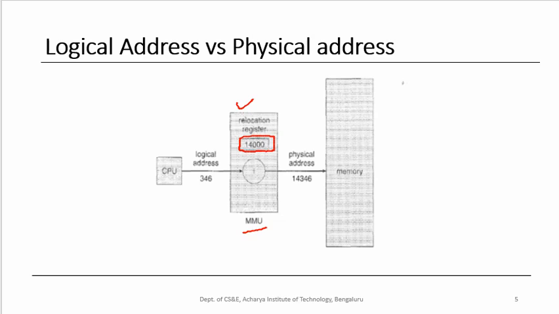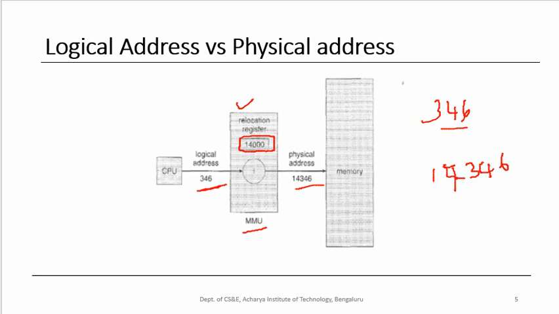Now the CPU generates a logical address, in this case 346. The memory management unit has to map this to the physical address, that is 14346.